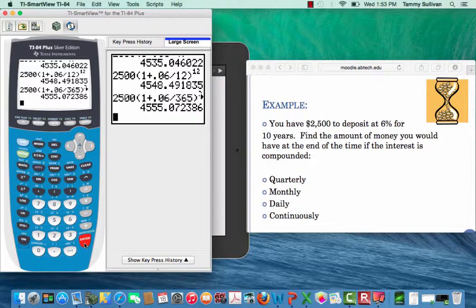So the daily is going to give me an amount of $4,555.07.